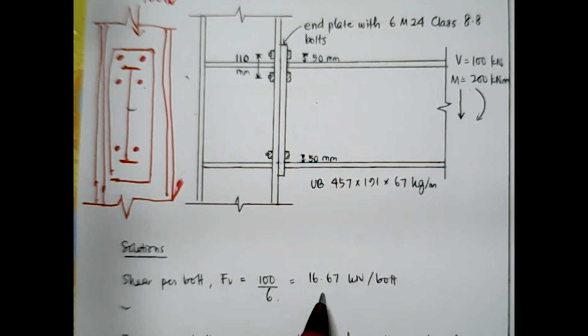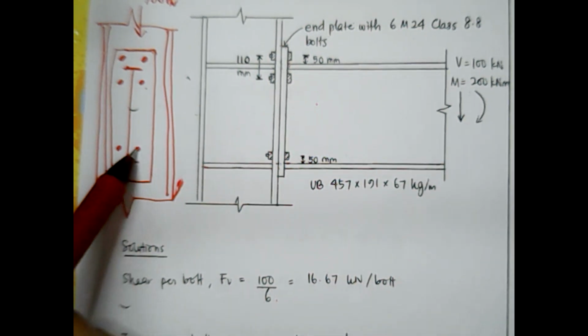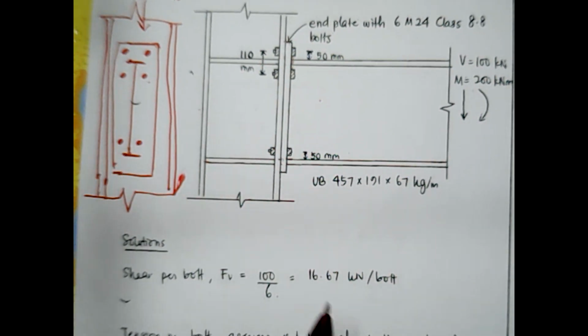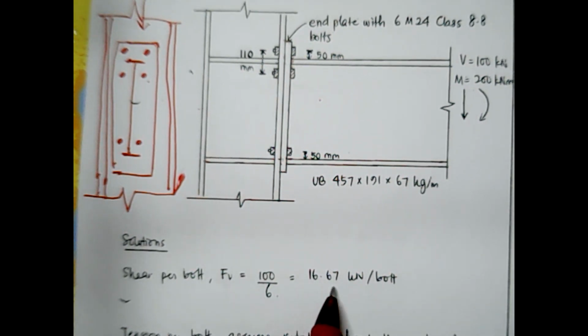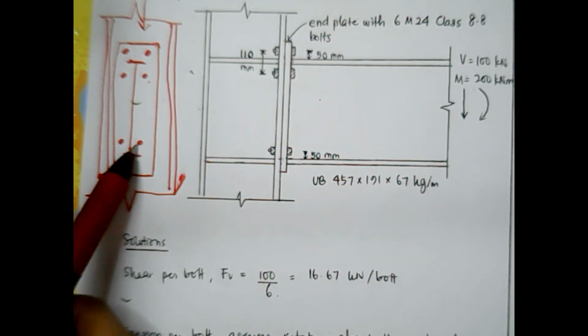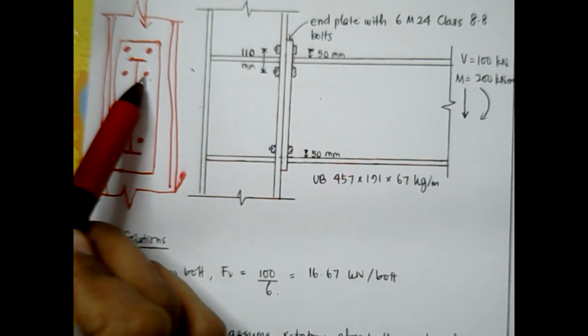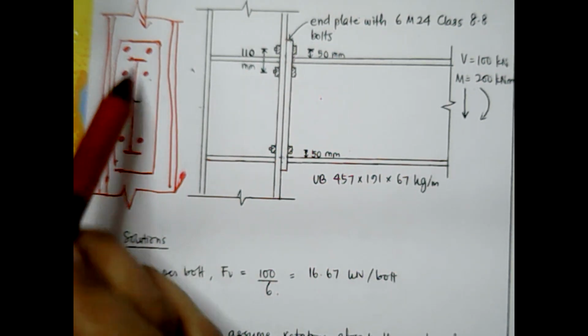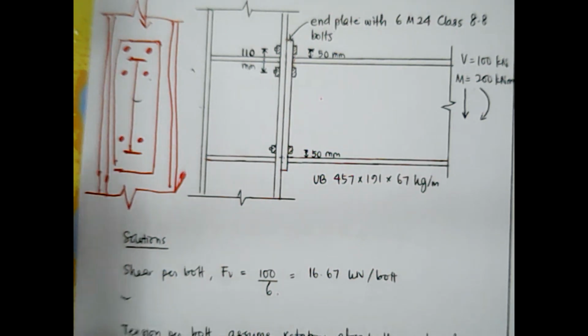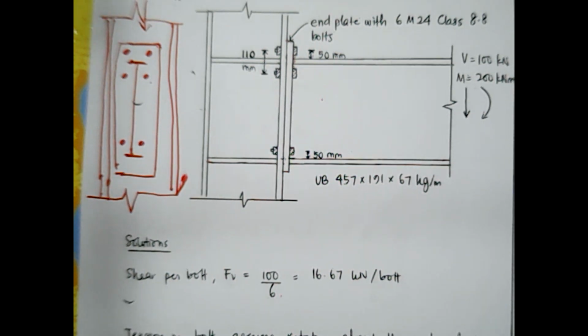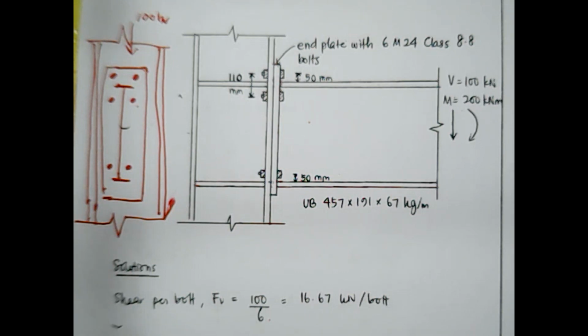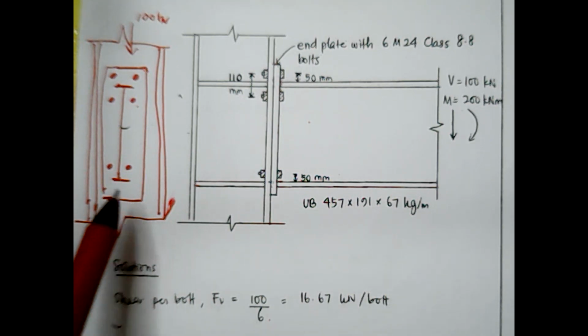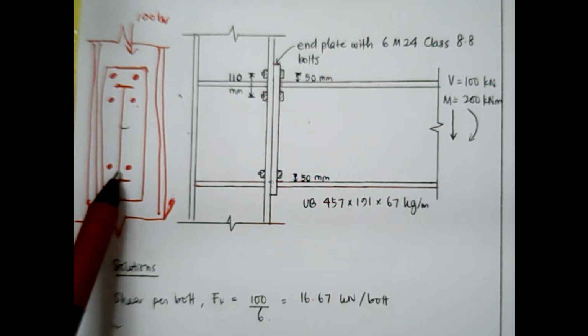So each bolt has a capacity of 16.67 kilonewton. This must be able to carry 16.67, this also, and similarly for the other bolts. That is how you determine the load that needs to be resisted by each bolt.